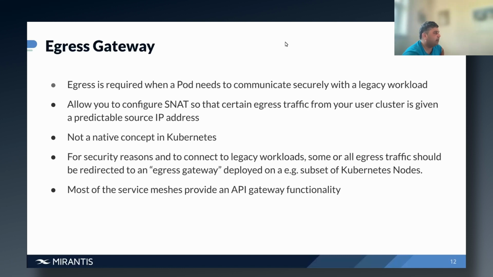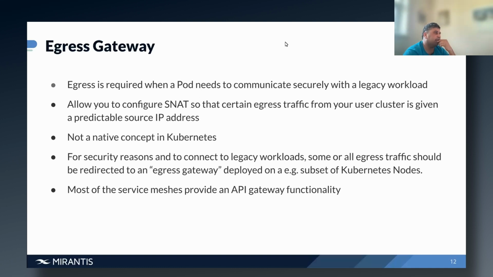Okay, so a little bit more about an egress gateway. As I've mentioned many times, egress is required in situations where a pod needs to communicate securely with legacy workloads. And it makes sense to do this either via an API gateway or alternative, without allowing direct communication between the two, which again can be a security risk.